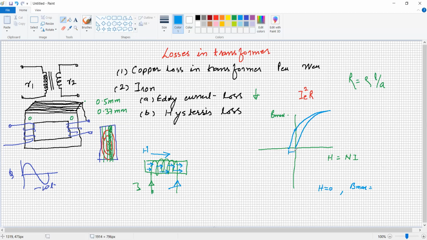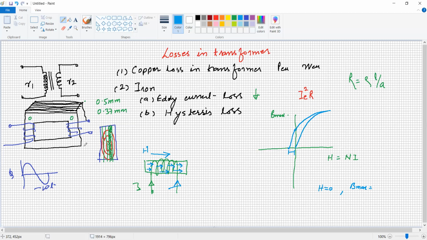So that amount of current which is needed to make the magnetic flux in the core zero, or reversed, because the magnetic flux is continuously in positive half cycle and negative half cycle, whatever the amount of current needed to do the reversal of direction of magnetic flux is known as hysteresis.